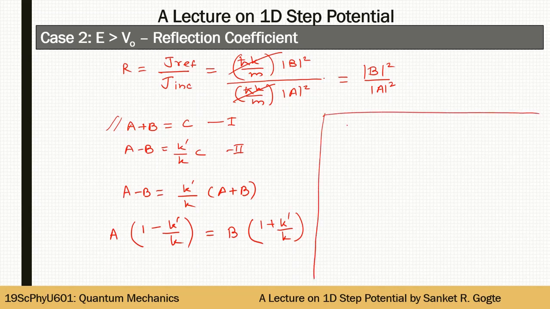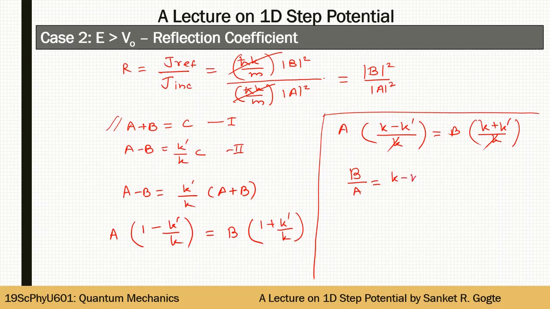So I have a into k minus k prime divided by k. This is equal to b into k plus k prime divided by k. So this cancels, and I have b by a as k minus k prime divided by k plus k prime.